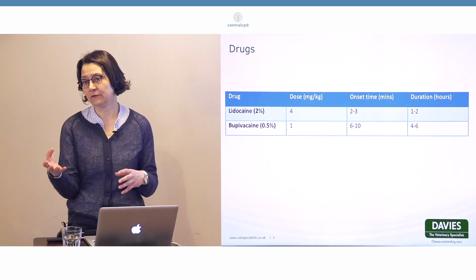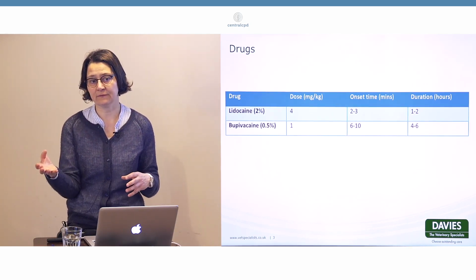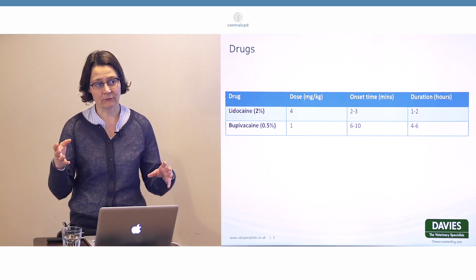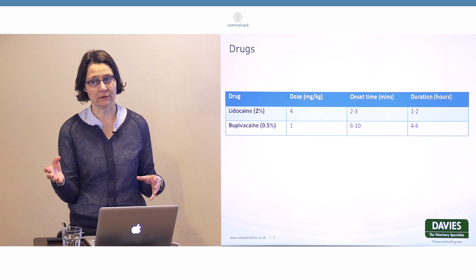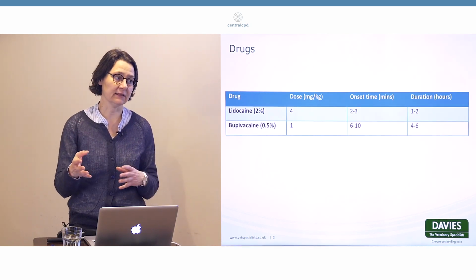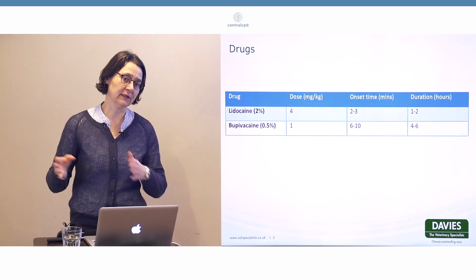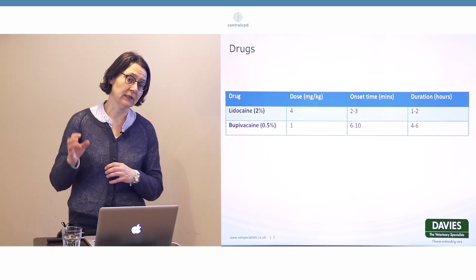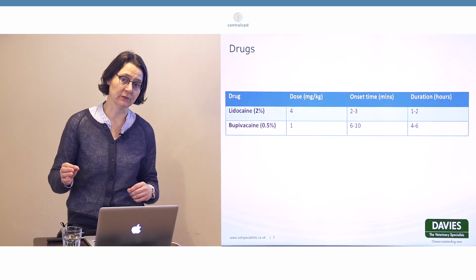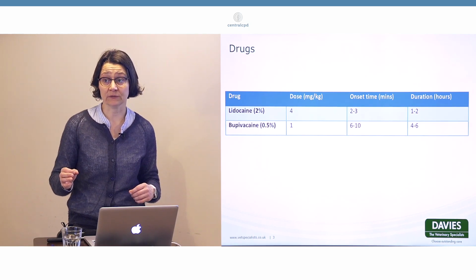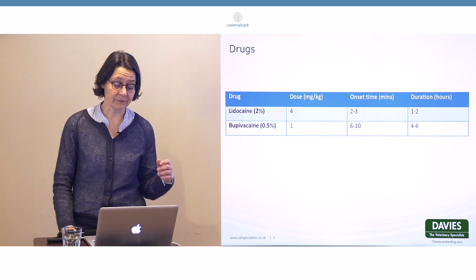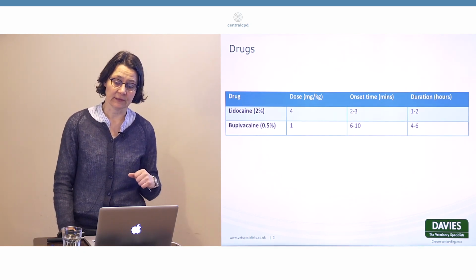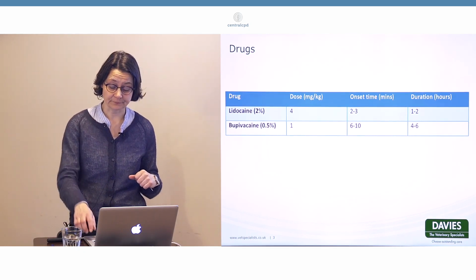Assumingly the extraction will be done by the vet, so plan ahead what you are going to do in order to calculate the total dose of your local anesthetic, and then start the injection. That way you can divide it and make sure you're not injecting too much, which can cause toxicity and adverse effects. So the maximum volume should be calculated beforehand.